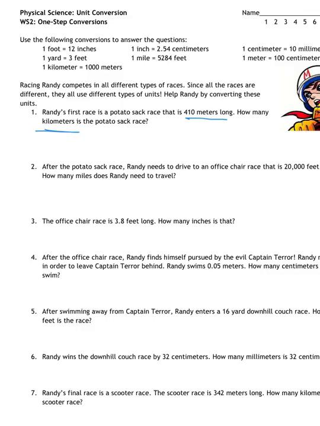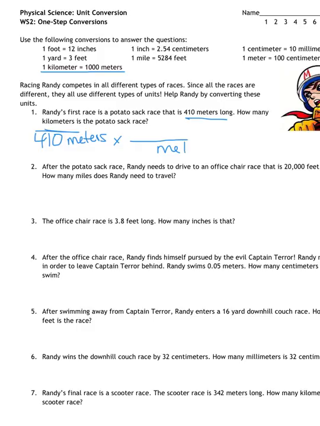Alright, so just like we did on the last sheet, we're going to write down what we're given. 410, and always include the unit, meters. Okay, and then times and a line. Now we're trying to change meters into kilometers, and if we look up here, there's actually a conversion that does just that. It says there's 1,000 meters in a kilometer.